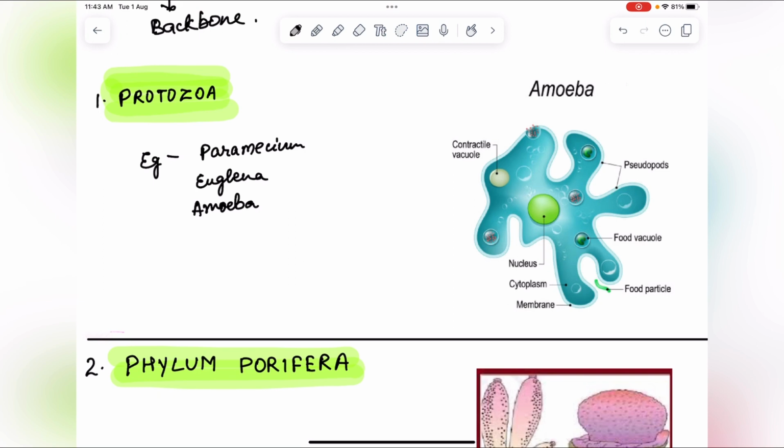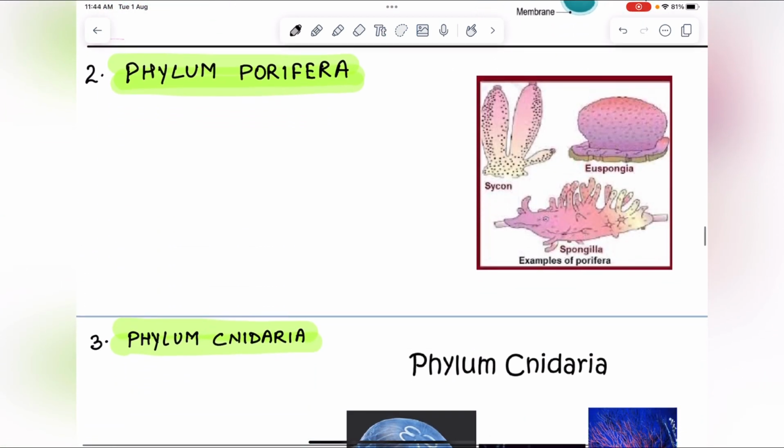Next is phylum Porifera. These organisms are multicellular animals. Their body consists of a hollow tube, and they have many pores in their body, and they are fixed in one place. They are not moving.